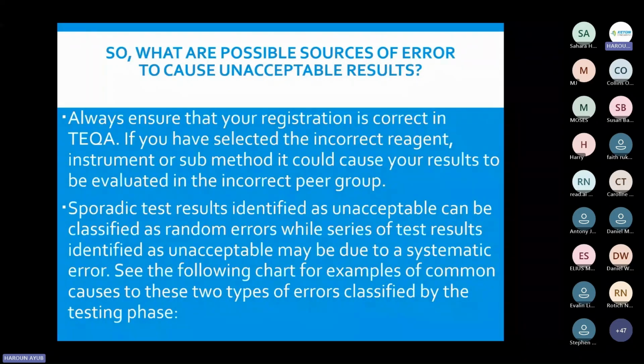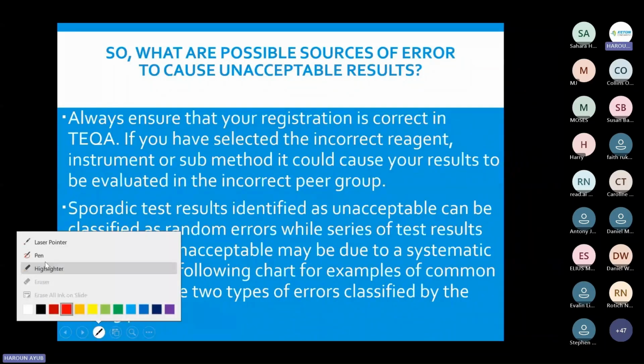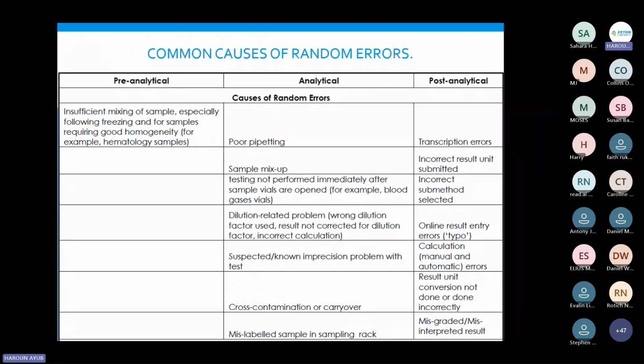So in the next table, these are random errors. We are distributing them between pre-analytical, analytical, and post-analytical as a summary now.